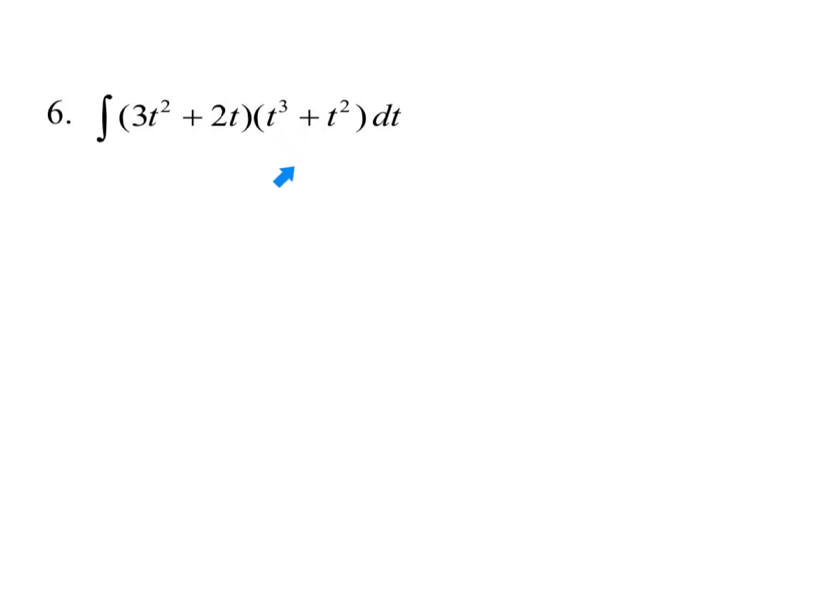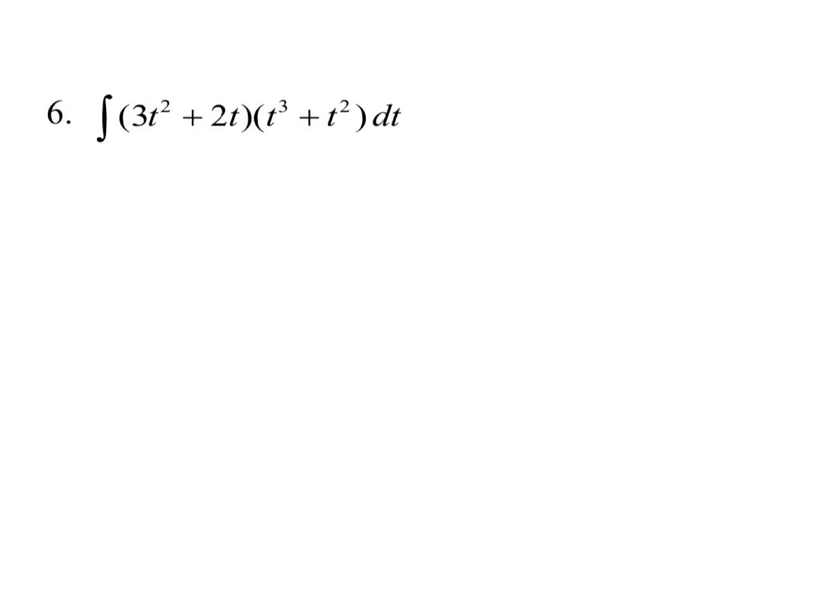It's 2, because then you take the derivative. It has to be 2 because the derivative of 2 is 1. Which means, because this is absolutely 100% the derivative of this, that's why I know I don't have to use u-substitution.